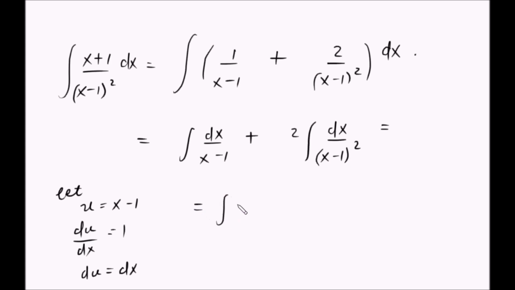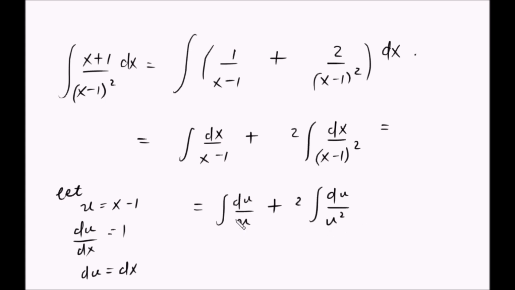As usual, to integrate this we are going to use u substitution, so we let u equal x minus 1. If I differentiate u with respect to x, I get 1. This implies that du is equal to dx if I cross and multiply. So what becomes of this? Put it below: it is du over u, since x minus 1 is u, plus 2 du over u squared.